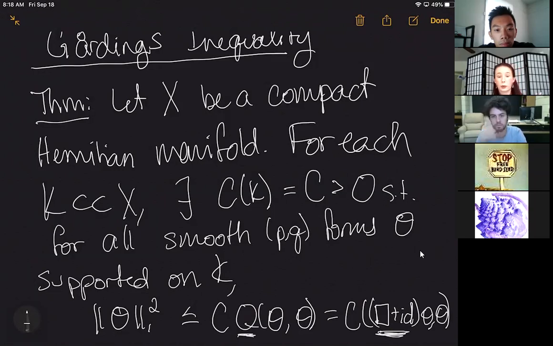The way that you prove this is you write down what this box operator is going to look like for smooth forms, and then you do some integration by parts, you do some bounding tricks, and this is just what it is.